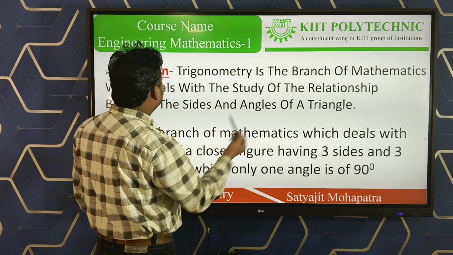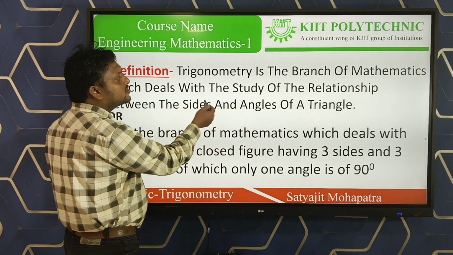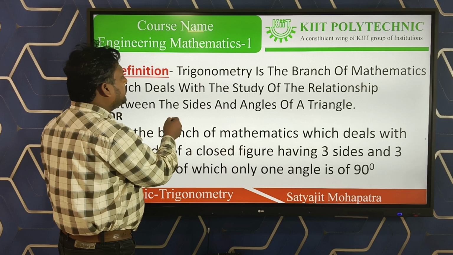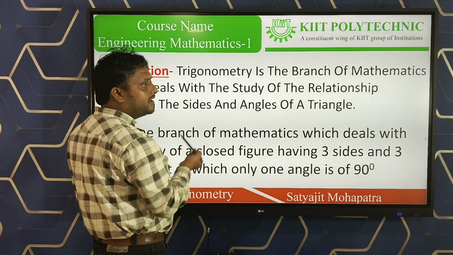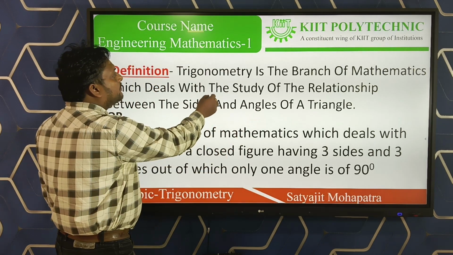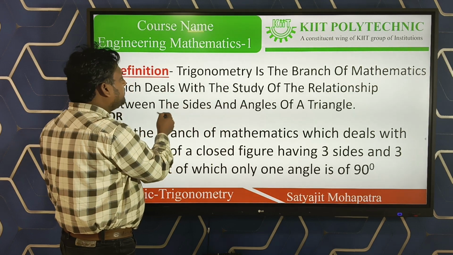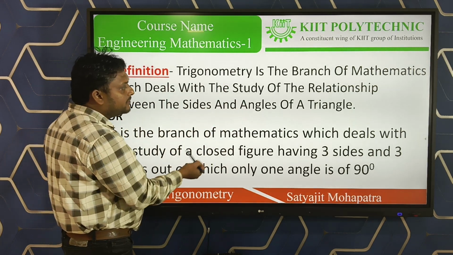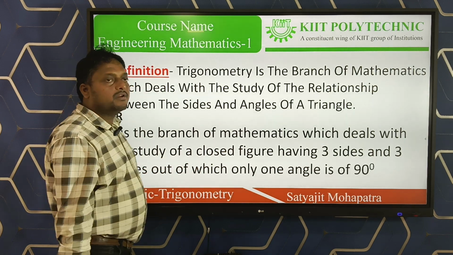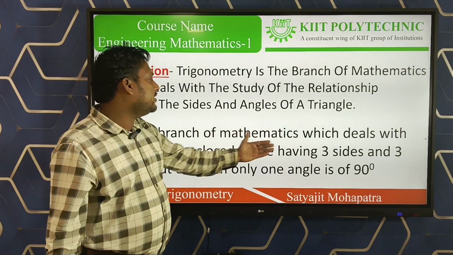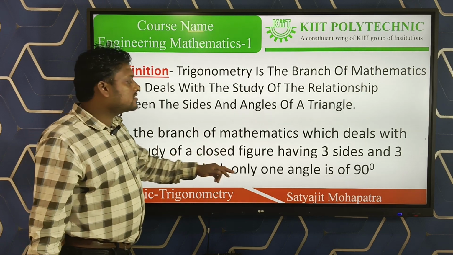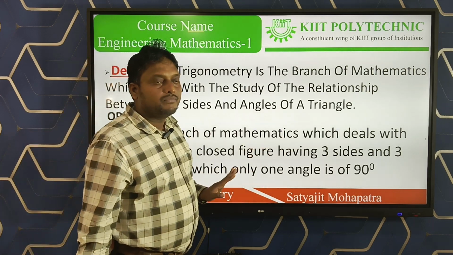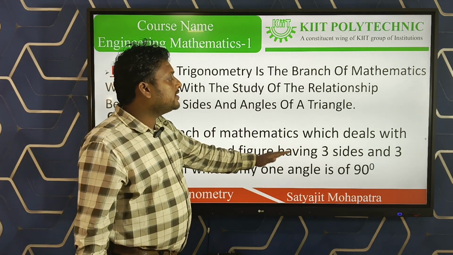Trigonometry is the branch of mathematics which deals with the study of the relationship between the sides and the angles of a triangle. Or it is the branch of mathematics which deals with the study of a closed figure having 3 sides and 3 angles, out of which one angle is of 90 degrees.